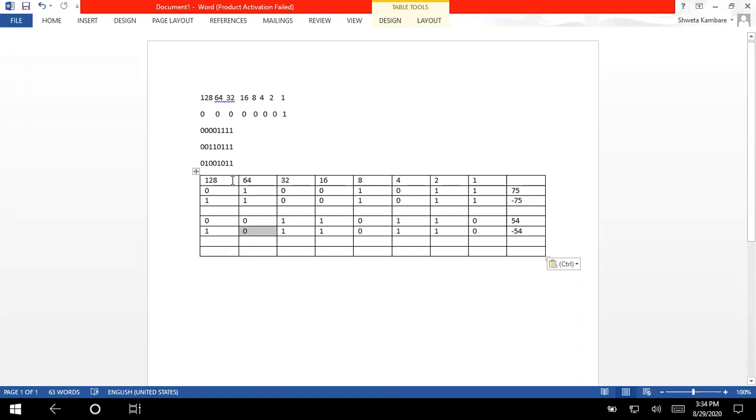If you want to represent, let's say, 128, this bit will be 1 and all the remaining bits will be 0.